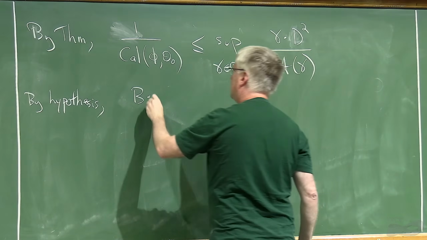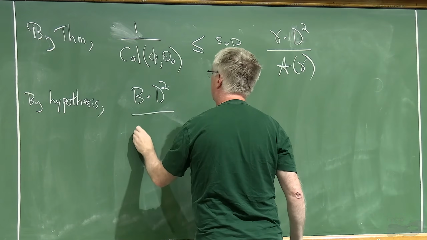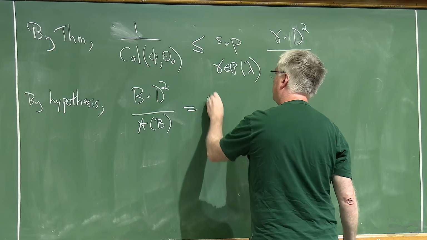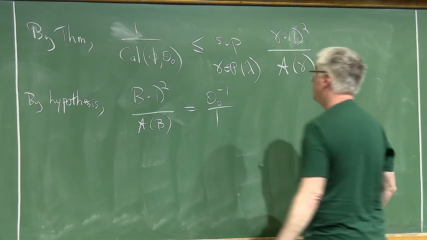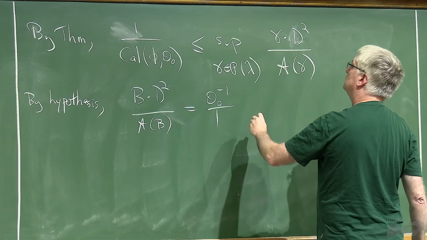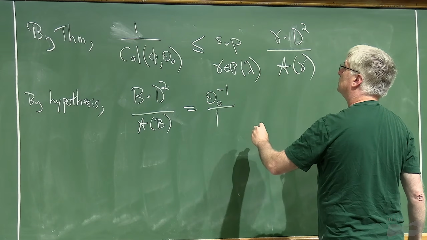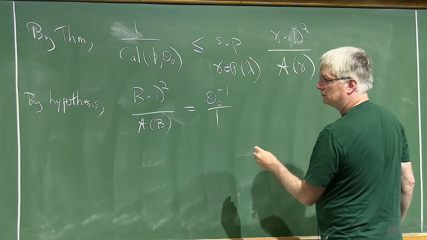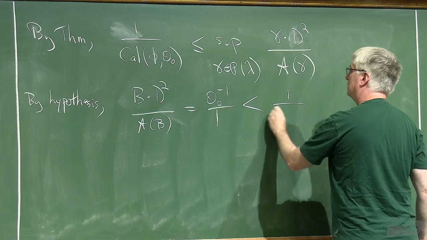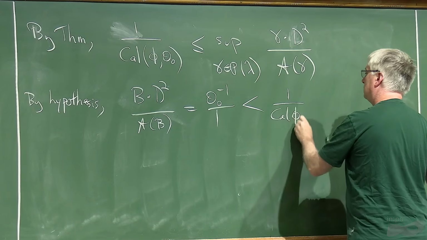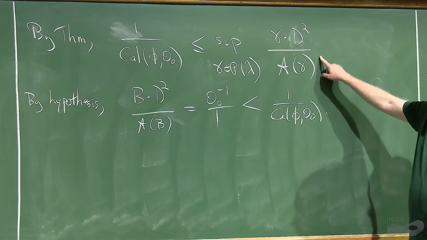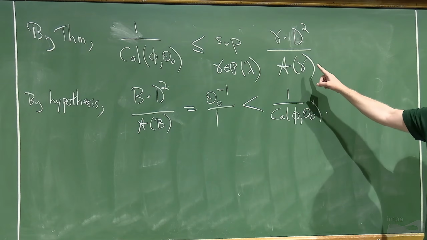The intersection number of the binding with the disk divided by the action of the binding is equal to theta 0 inverse divided by 1. And by my hypothesis, that is less than 1 over the Calabi invariant. Okay, so that means that this inequality about the supremum is not realized by the binding.